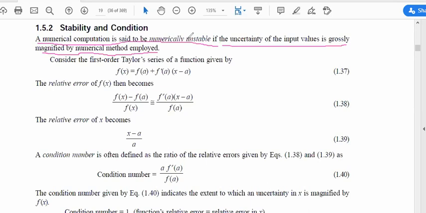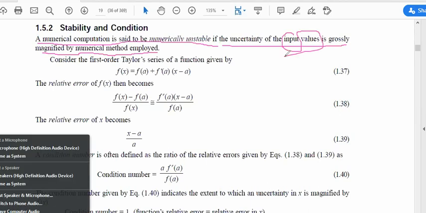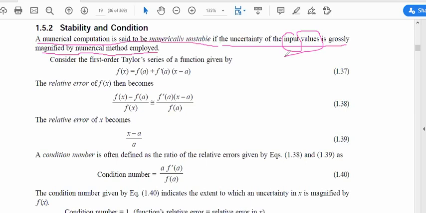Since it is a process of computation, the numerical method involves the method of computation, and that is known as numerical computation. Since we apply the numerical methods, the computation becomes numerical computation.